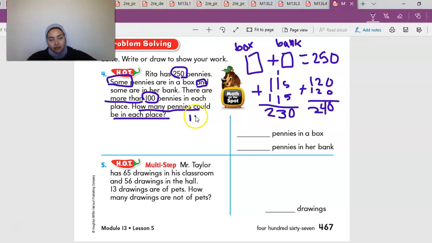Let's try 125 plus 125. 5 plus 5 is 10. 2 plus 2 is 4, plus 1 is 5, and 1 plus 1 is 2. That makes 250. So how much does she have in the box? She has 125 pennies in the box, and she also has 125 pennies in her bank.